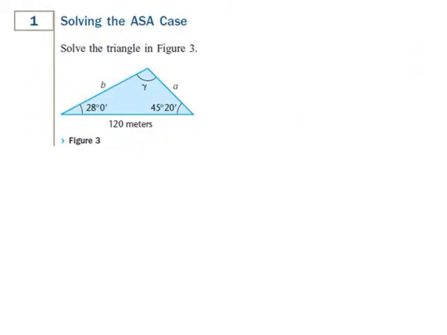All right, let's go for the first one. It's always good to draw yourself a triangle. So here, what we're trying to solve for is B, gamma, and A. All right, I like to put down the information that I have. So right now, I know that I've got B and I've got beta, so I know that beta is equal to 45 degrees and 20 minutes.